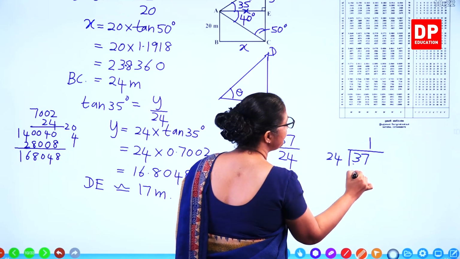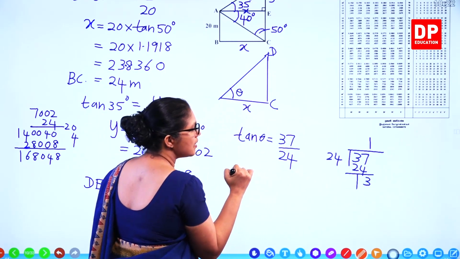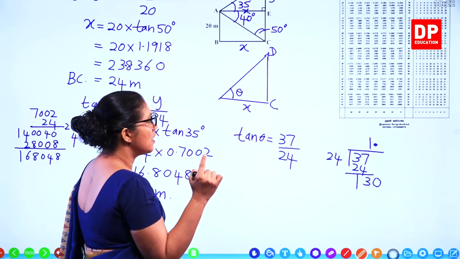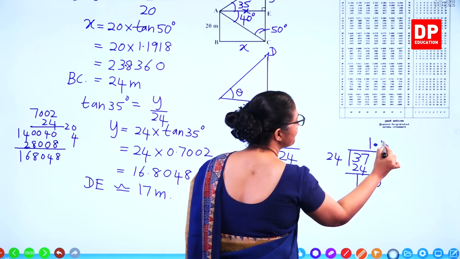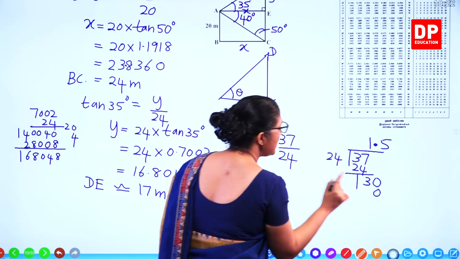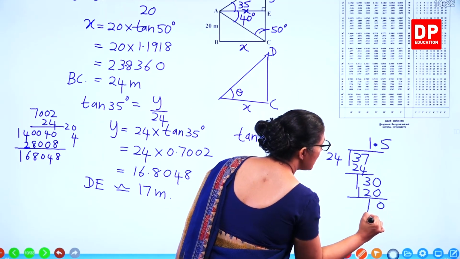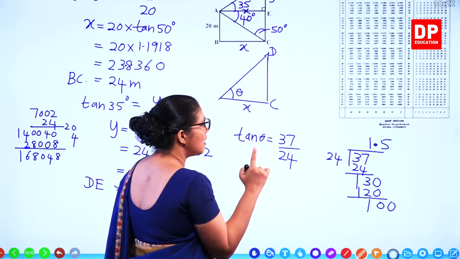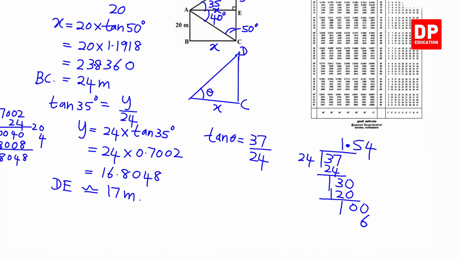That's 1. Then 130: how many 24s? 5. 5 times 4, 20, 2 remaining. 5 times 2, 10 plus 2, 12. Now 10 remaining. For 100, how many 24s? 4. 4 times 4, 16, and 4 times 2, 8 plus 1, 9.